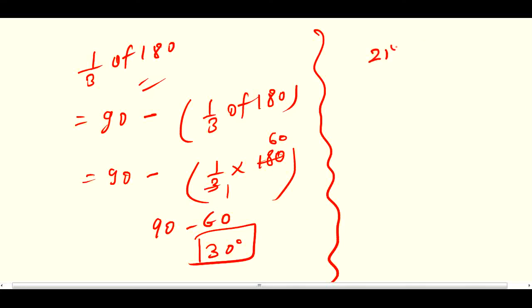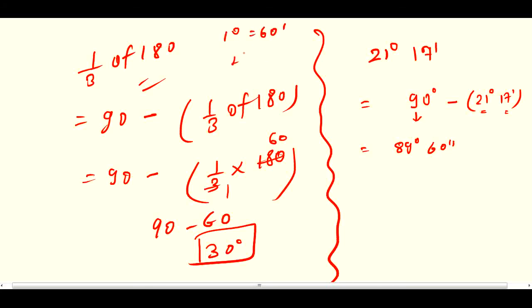Then one more question. 21 degrees 17 minutes. Now you have to subtract this value from 90 degrees. So we have 1 degree and 1 minute, so for that we have to convert this 90 degrees. You can write 90 degrees as 89 degrees and 60 minutes, because 1 degree equals 60 minutes and 1 minute equals 60 seconds.